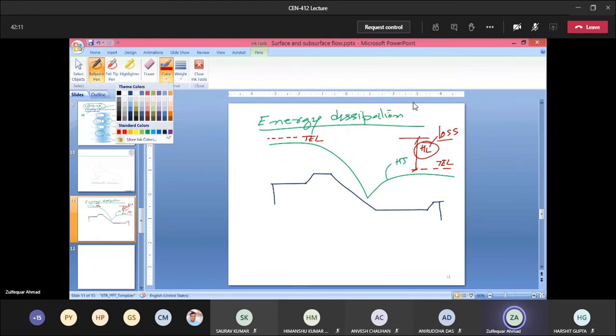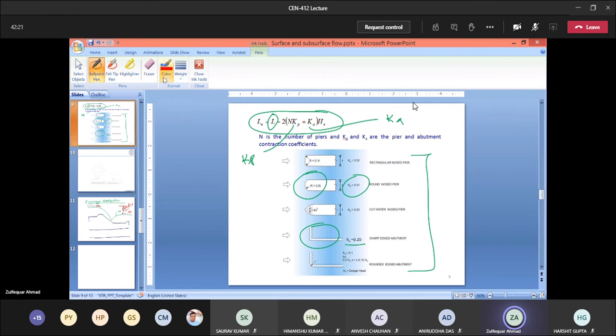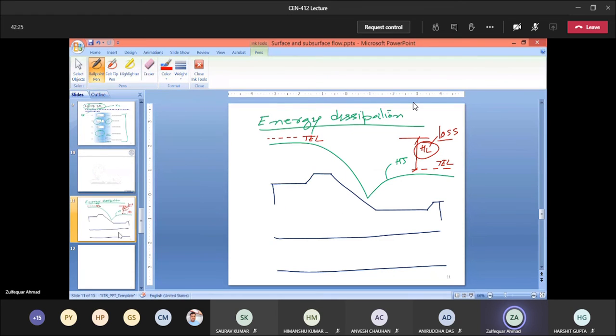What I'm trying to say is, say this is your channel or the river or the canal, whatever it is, and you have provided the structure in this part, and we have the flow in this, right?